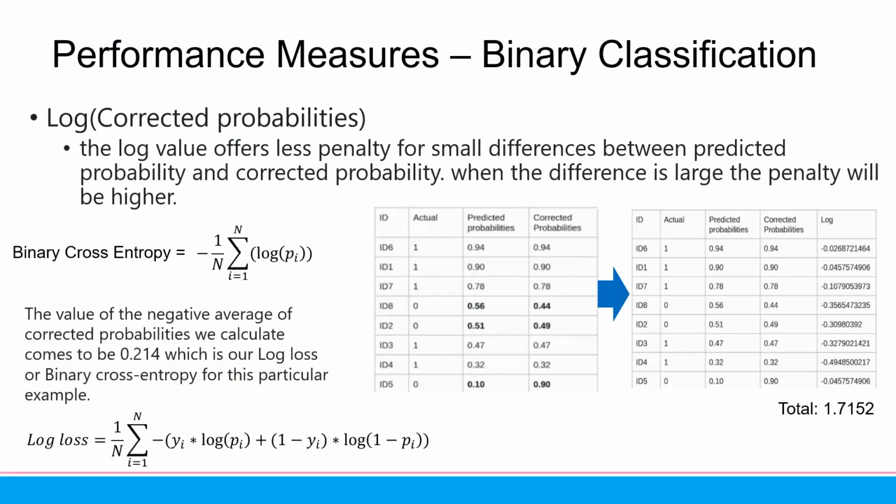What about if we have multi-class classification? So we have yi is the actual, and then we will multiply with the probability. The probability is the same like this one, the corrected probabilities, and then we will check what is the other class, and then we will multiply with log 1 minus the probability.